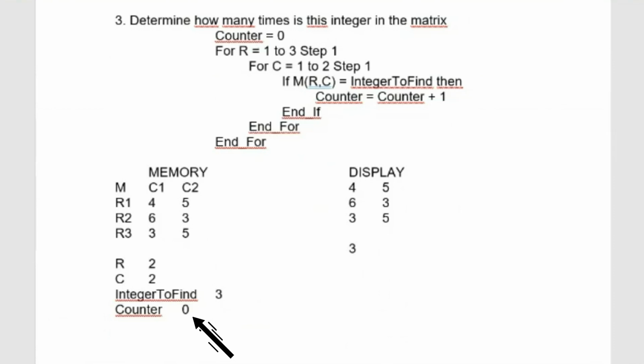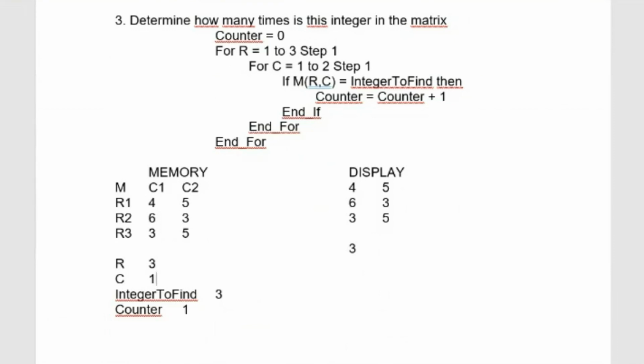So counter is equal to counter plus 1. And end if, R increase in 1 and column back to 1.